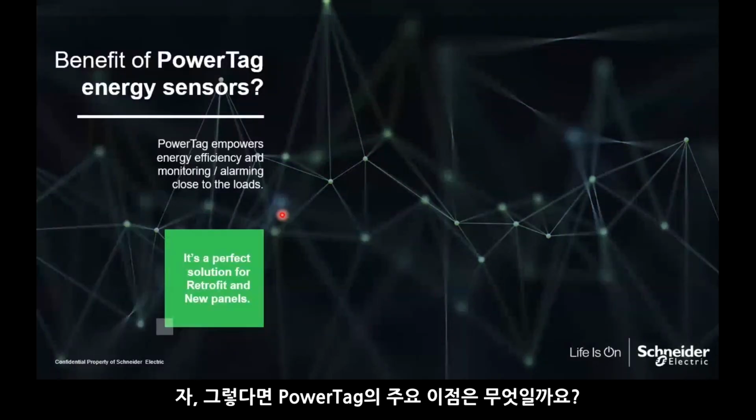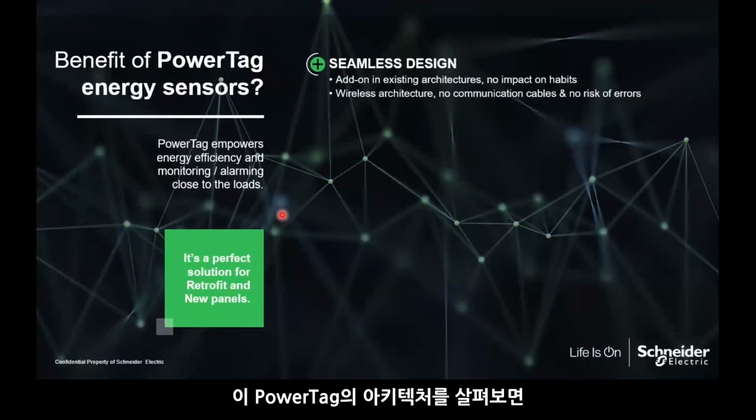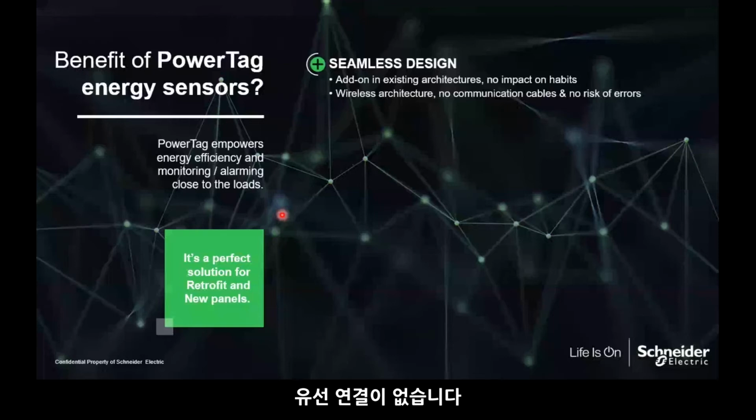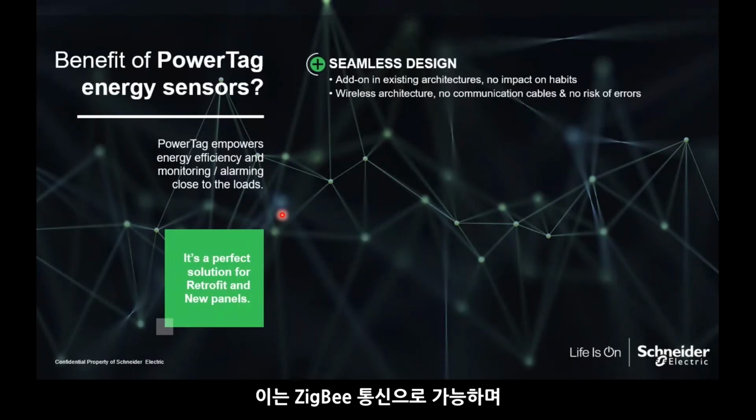So what is the benefit of PowerTag? If you look at the architecture of this PowerTag, first of all, it is wireless. The link between the PowerTag and the data concentrators is wireless, using Zigbee communications.